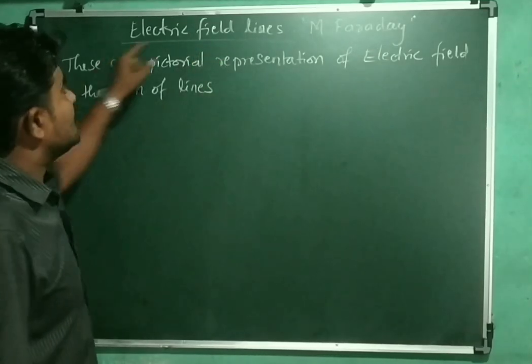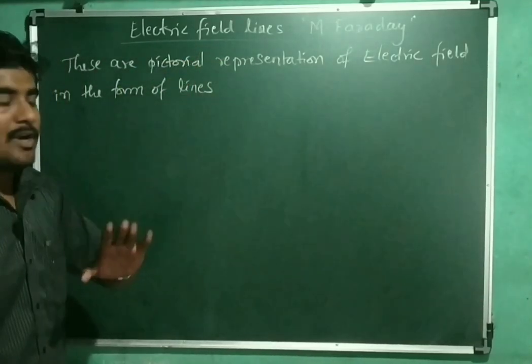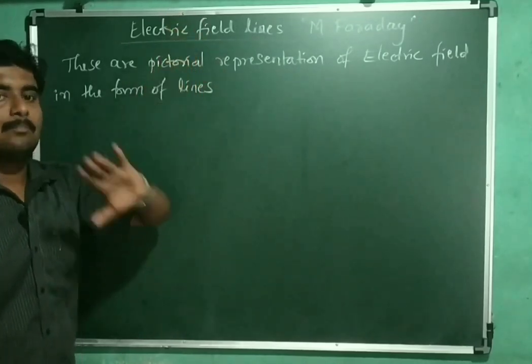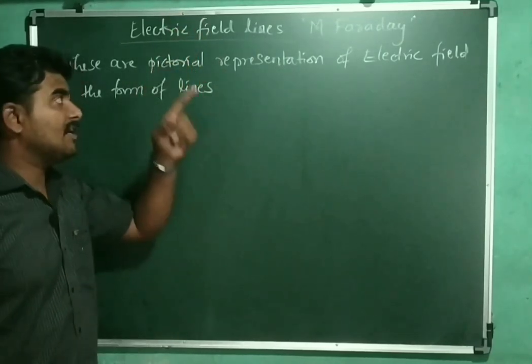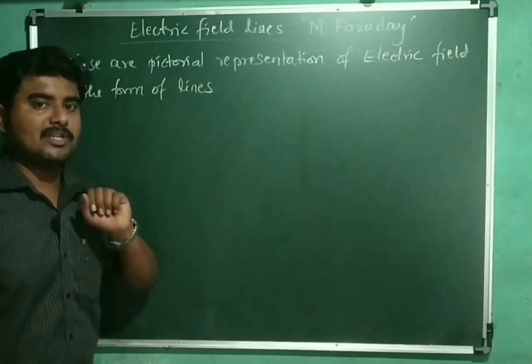Okay. So these electric field lines are not real quantities, they are just imaginary lines, but they represent a physical quantity, that is electric field, which is a real quantity, a measurable quantity.